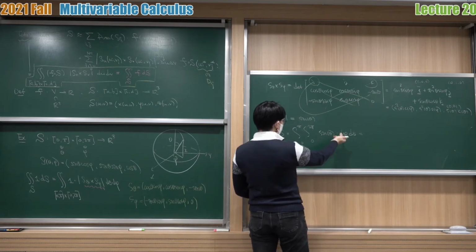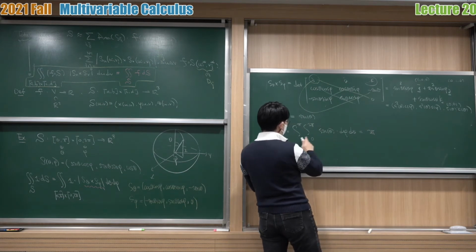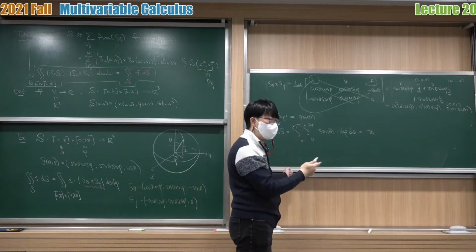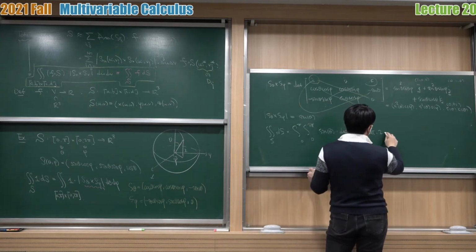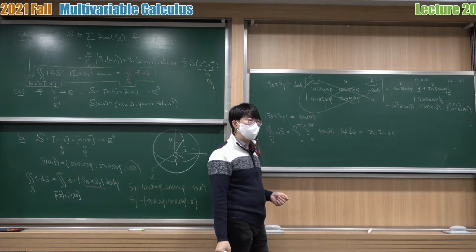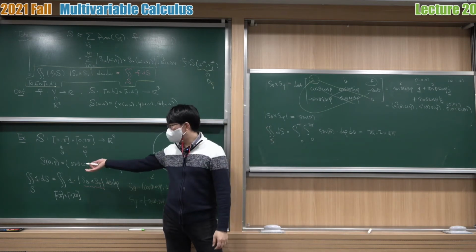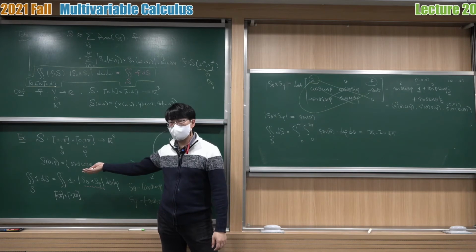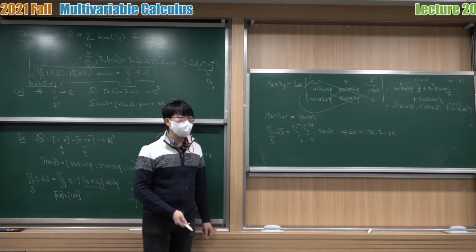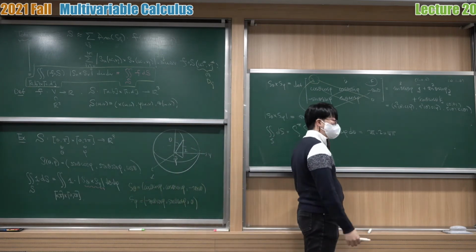If I integrate with respect to phi, then we're integrating a constant function, so I can take it out. And then if I integrate sine theta from 0 to pi, we get 2, right? So this is 4 pi. So it makes sense, right? Because this is the area of the surface. Although we are trying to get the surface integral, which gives the mass, we are taking the density as 1, so the mass is equal to the area of the surface.